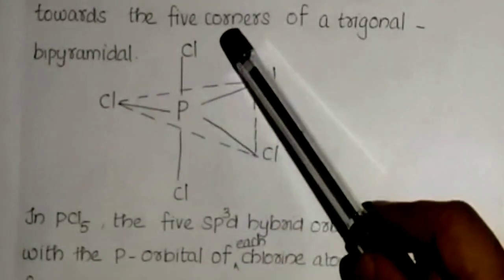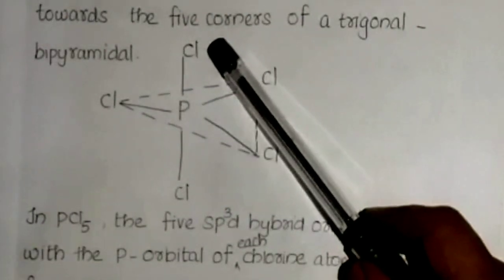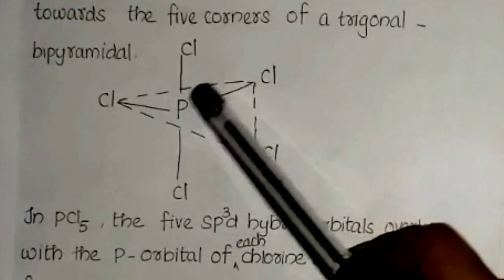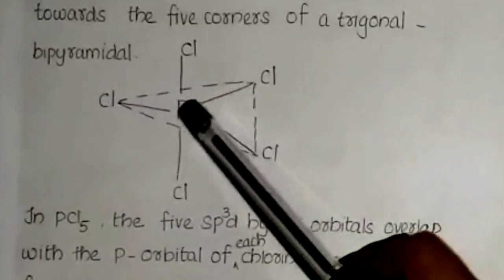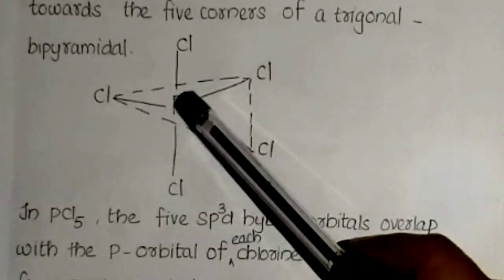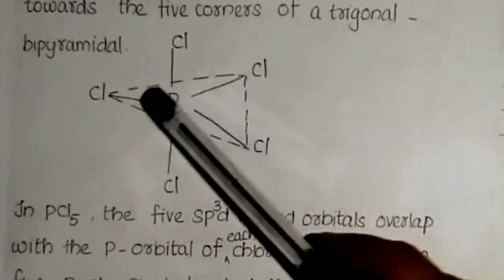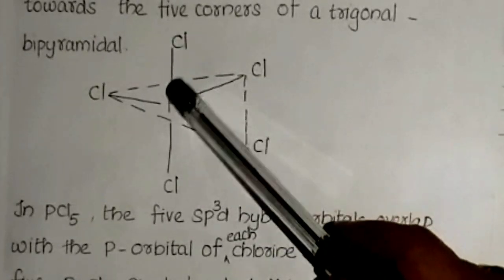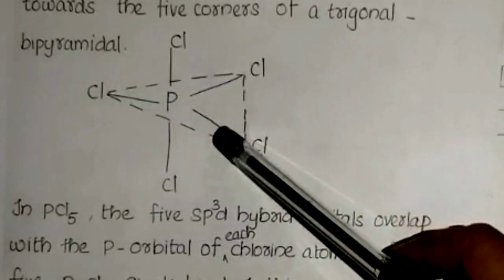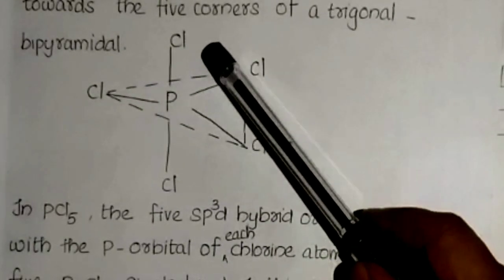That is the reason PCl5 is more reactive, because here two types of bonds are there, axial bonds and equatorial bonds. Three equatorial bonds and two axial bonds are there. These axial bonds suffer more repulsion from the three equatorial bonds. So the bond length of the axial bonds is longer than that of the equatorial bonds. That is the reason PCl5 is more reactive.